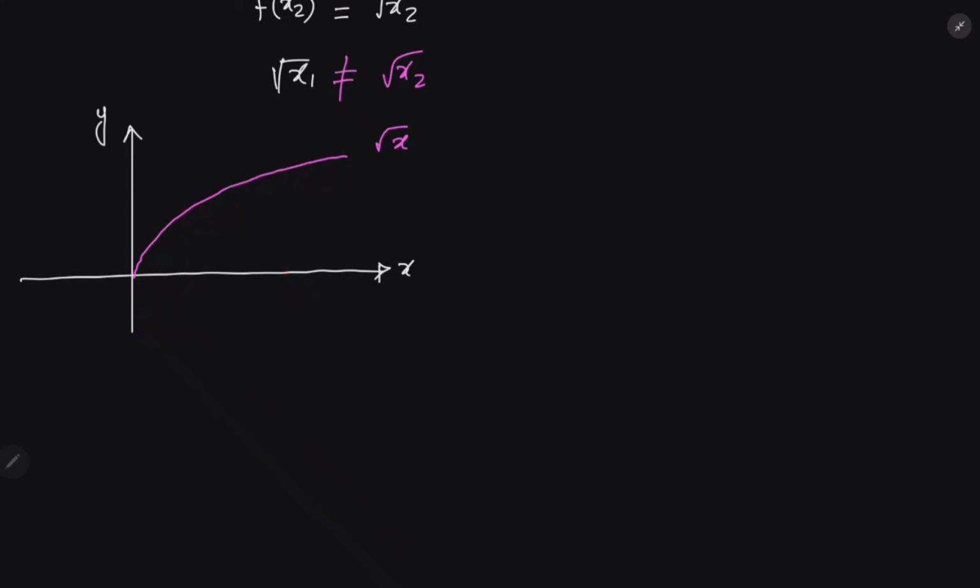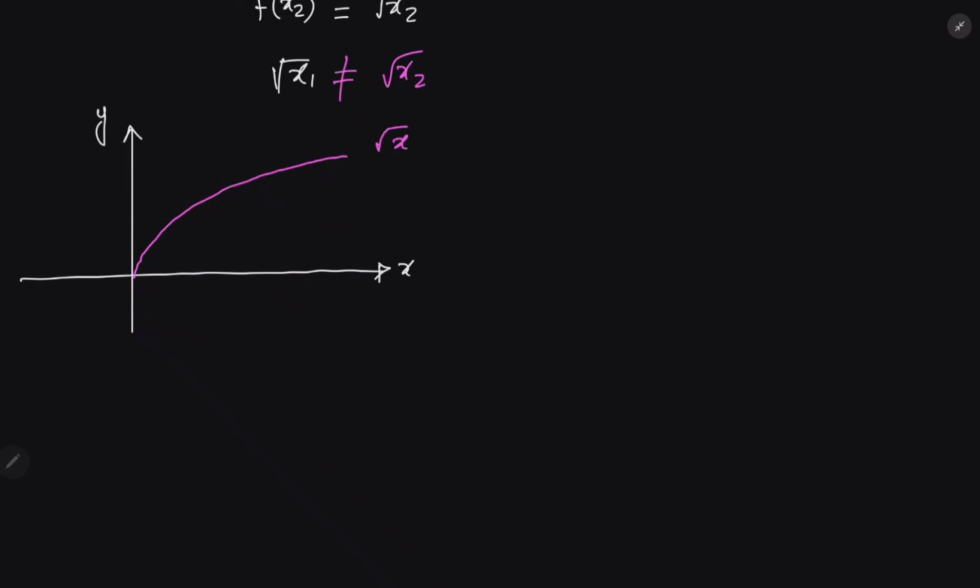So you can see that for each input there is one value over here, and we can draw a line like this. For another point, we can also draw a line like this. So we can draw two horizontal lines, and each horizontal line passes through only one point. I will connect this horizontal line with the definition of one-to-one. Okay.